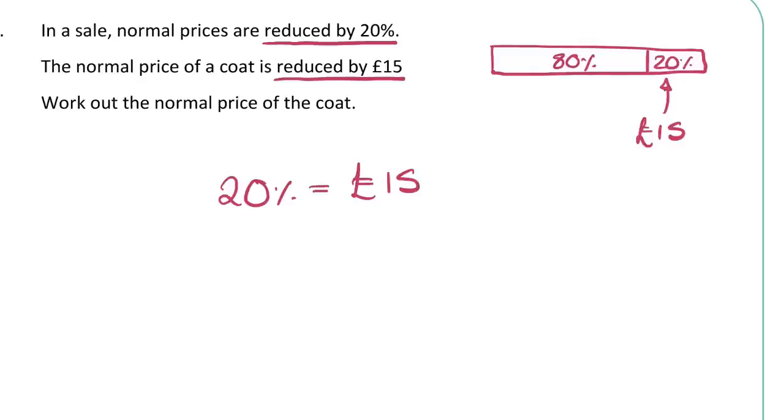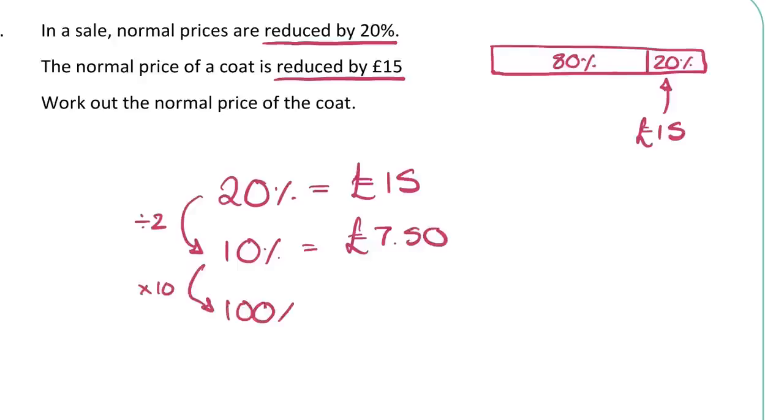To be fair, this is a nice number to have, 20%, because you can just times by 5 and get straight to 100%. However, in most questions you could have 30% or 70% there. So if we follow a method that works for any of those percentages, we would first divide by 2, which gets us 10%, and that is £7.50. Then we would times by 10, and that would give us our original 100%, which comes out as £75.